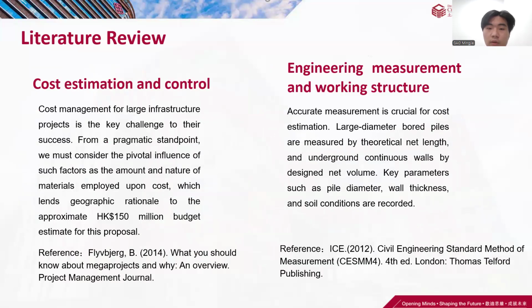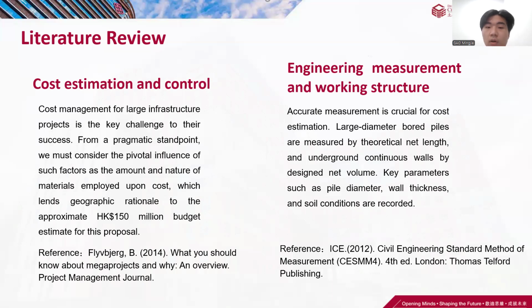Our literature review highlights the importance of cost estimation and control in large infrastructure projects. Factors such as material type and quantity heavily influence the budget, which in our case is estimated at around 150 million. Accurate engineering measurement is also critical.